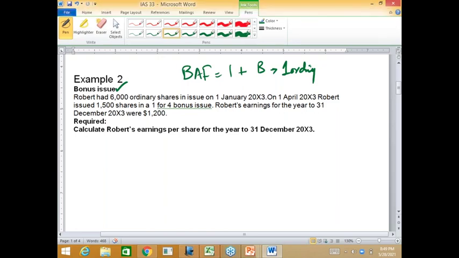Remember this point: bonus shares will never be time-apportioned, and all you need to do is multiply with the bonus adjustment factor for all the shares. So I want you to calculate the bonus adjustment factor for this question.